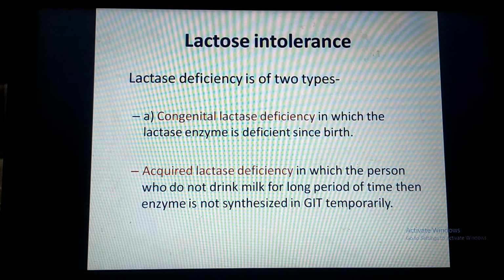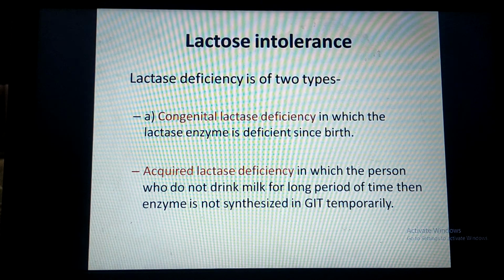It is a temporary deficiency. As the patient continues to drink milk, slowly the intestinal epithelial cells start synthesizing the enzyme, and later on the person will be able to digest the milk.